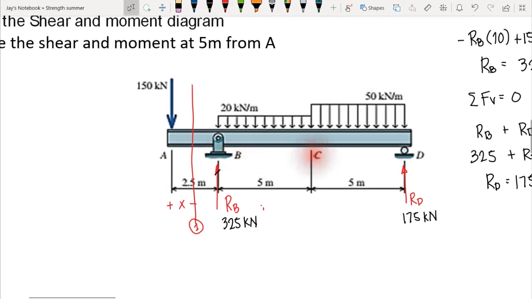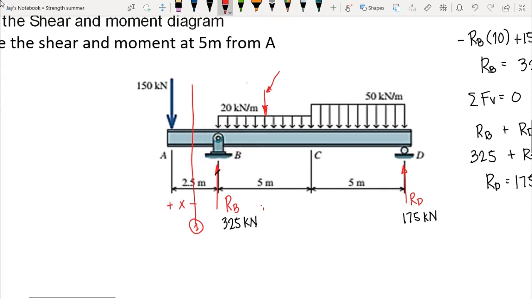And we know that member B to C is continuous since we only have one single uniform load here that is 20 kilonewton per meter. So therefore our equation all throughout from B to C is the same. But in the case that we do have a concentrated load here, the concentrated load causes discontinuity of our segment BC.